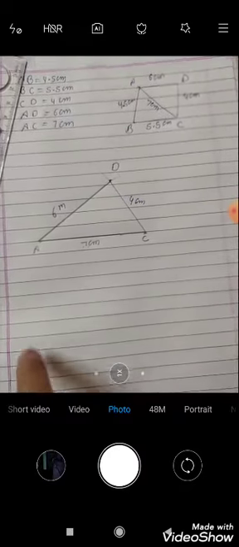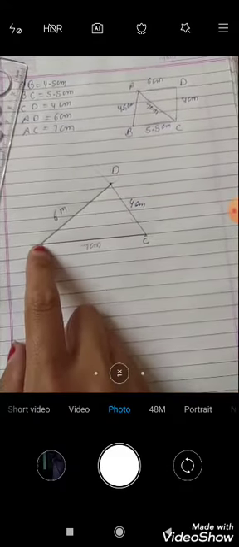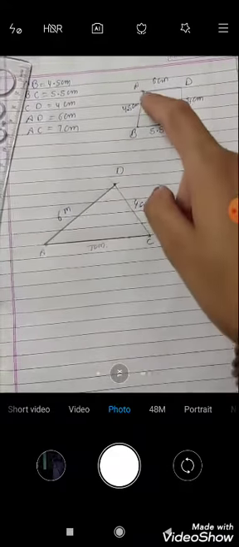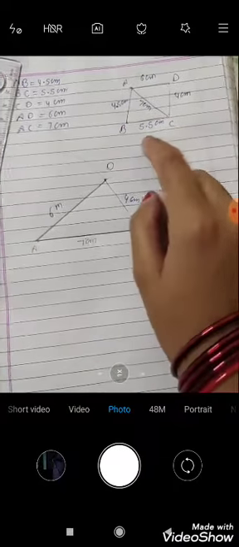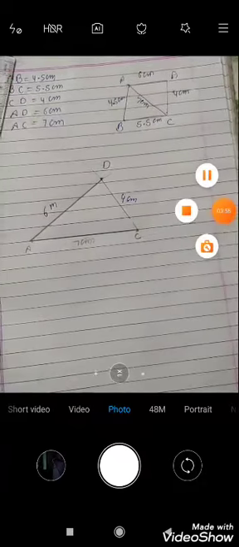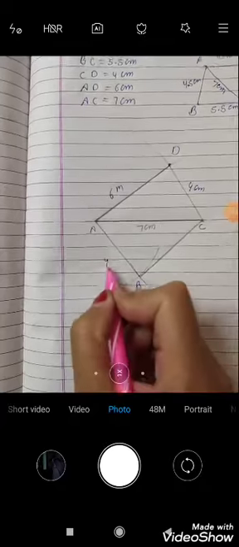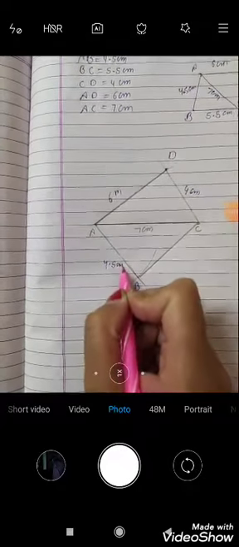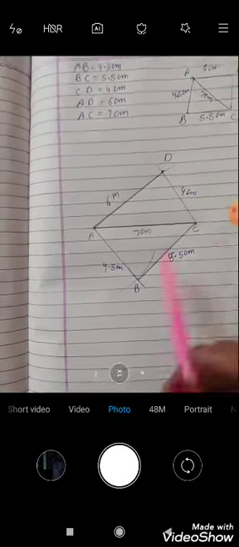In the same way we draw the other two measurements in the downward direction. From A we draw an arc of 4.5 centimeter, and from C an arc of 5.5 centimeter. Where these two arcs intersect each other, this point is known as point B. So in this way you can construct the quadrilateral.